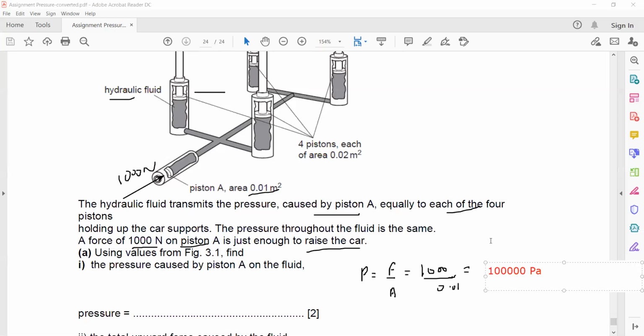So that's the pressure applied by piston A on the fluid, 100,000 Pascal, or in short, 1 exponent 5 Pascal. If piston A causes a pressure of 100,000 Pascal, how much pressure on each piston?